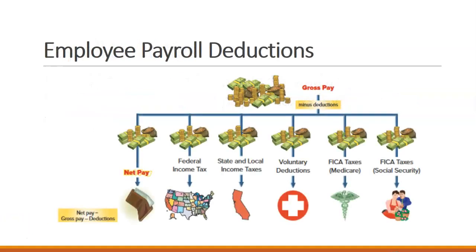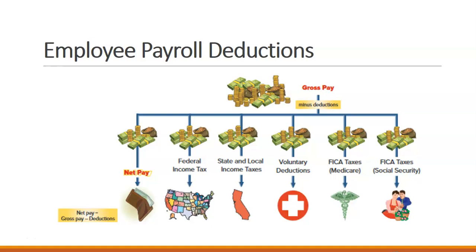Here we have some examples of payroll deductions. Our gross pay is the amount of money we get paid before any deductions are taken. Then we have various deductions for income taxes, our FICA taxes, which are medical and Medicare and Social Security taxes, and any voluntary deductions.